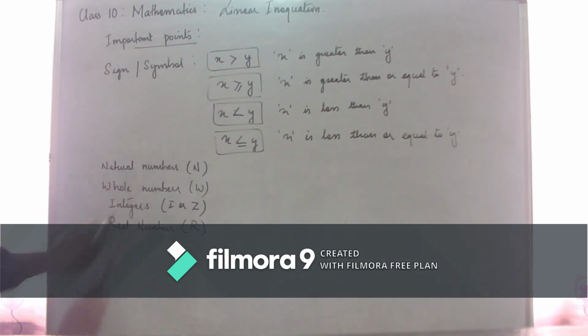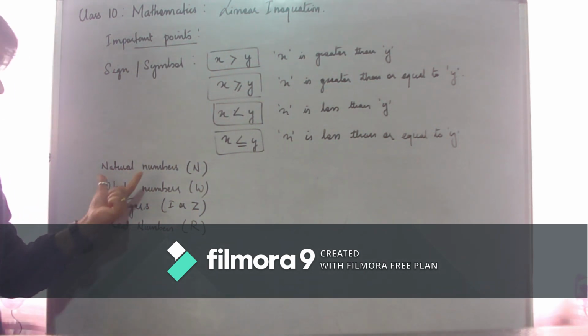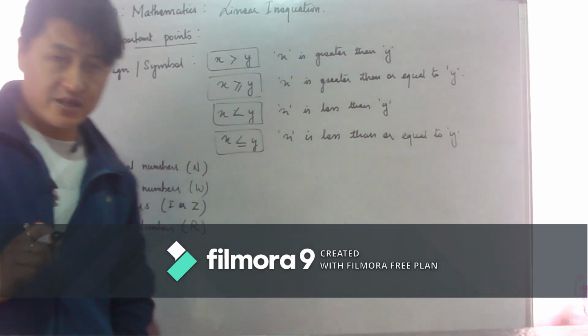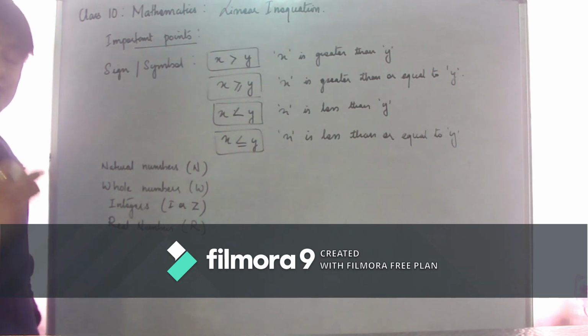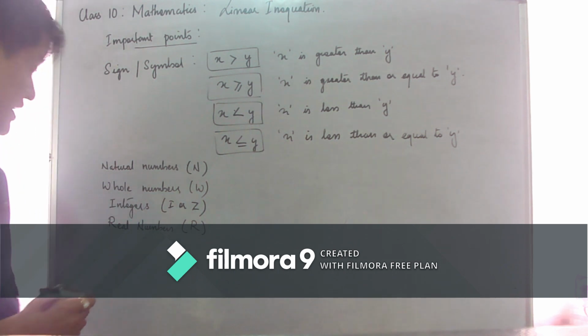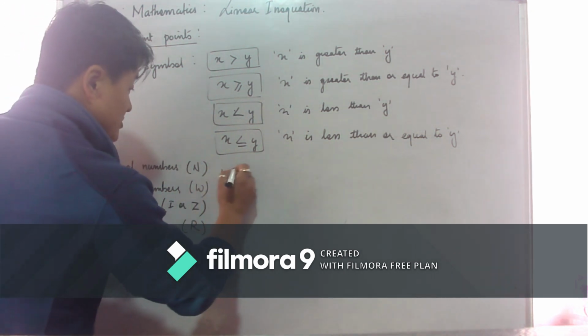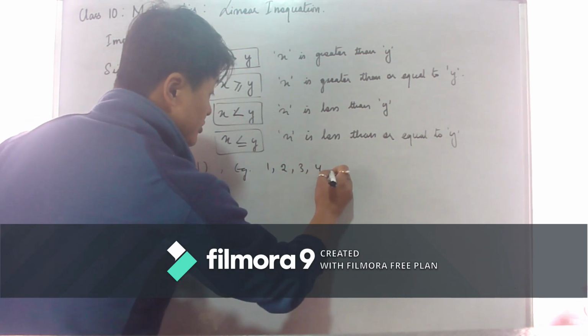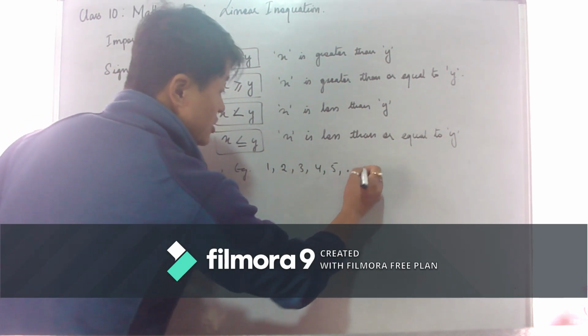Okay, and we have some numbers here, so we classify the numbers. Natural numbers first. What are natural numbers? All the numbers, not fractional, which start from 1 are considered natural numbers. For example, 1, 2, 3, 4, 5 and so on.